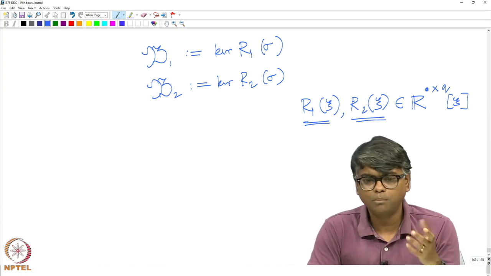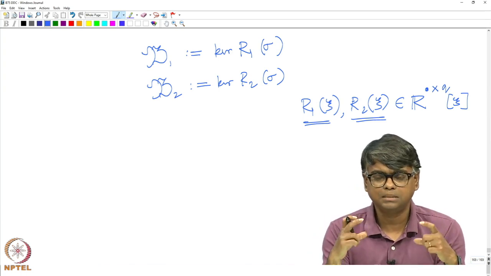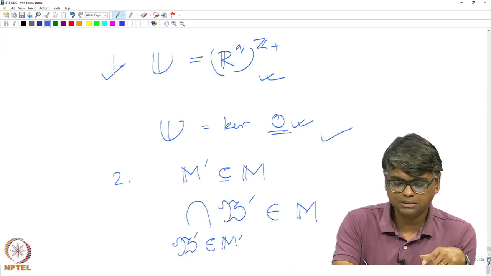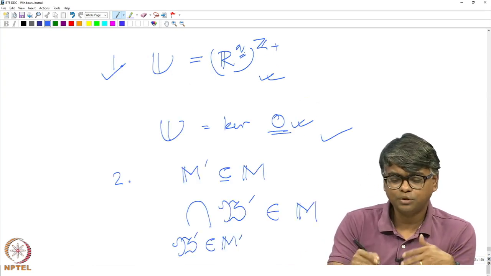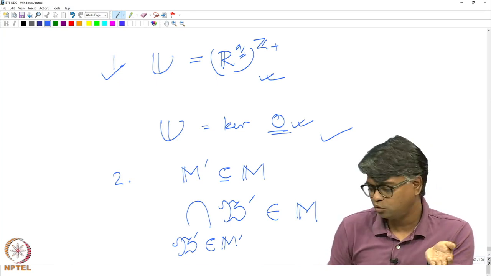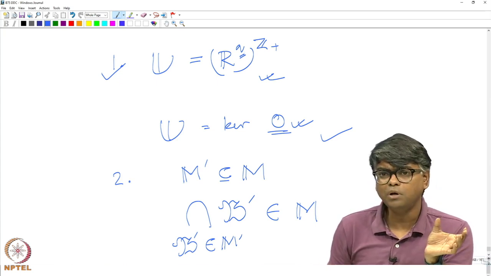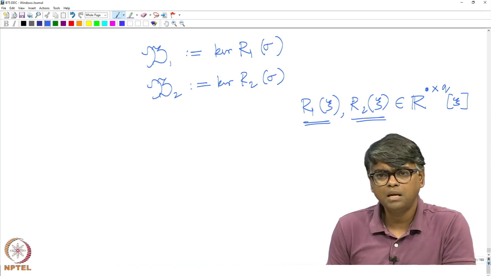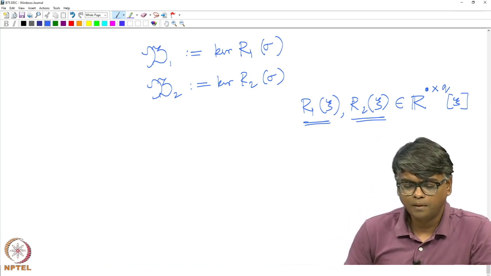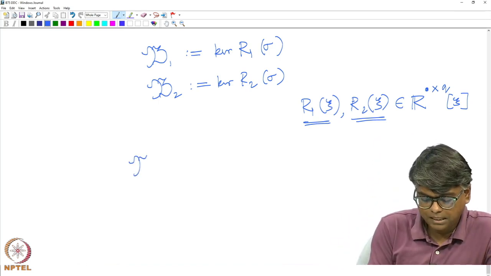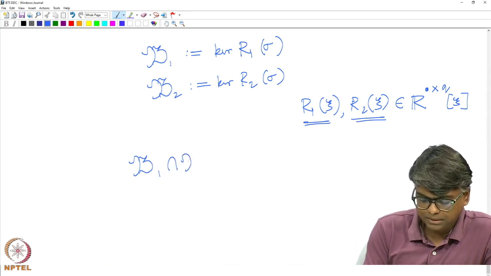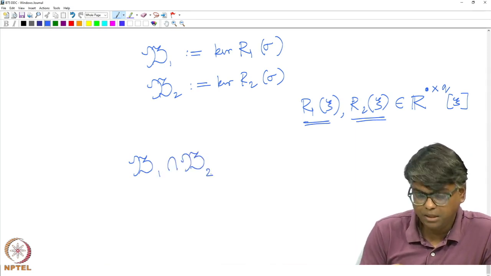And because we are talking about one model class, and that model class has this q fixed, R^q to the power Z, every model should explain data coming from here. So those models must have exactly q columns. That is why these matrices have exactly q columns but an arbitrary number of rows. Now let's think about it. What is a kernel representation for B1 intersection B2?